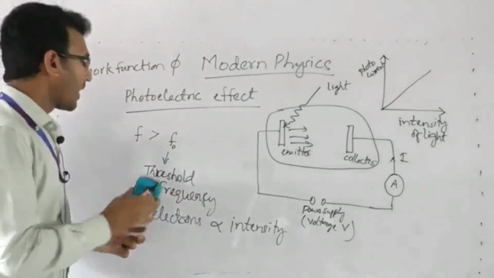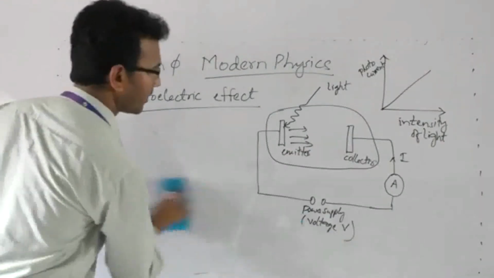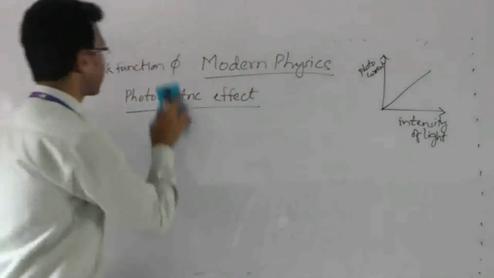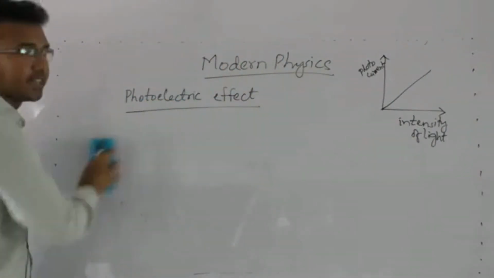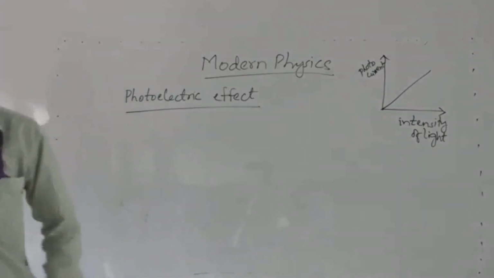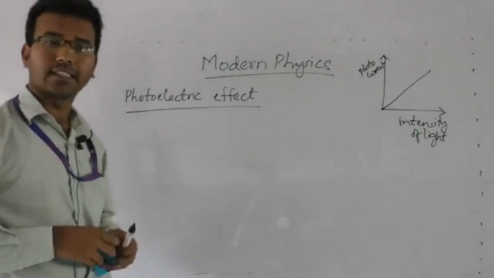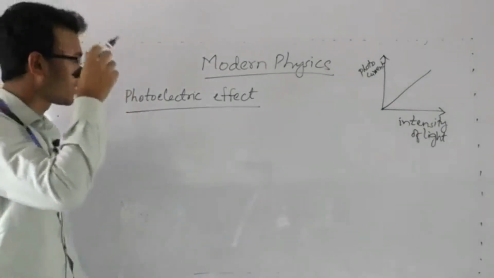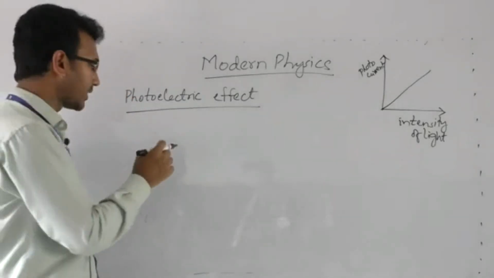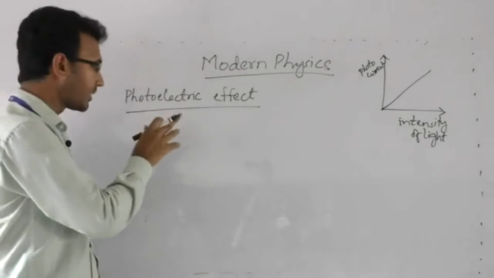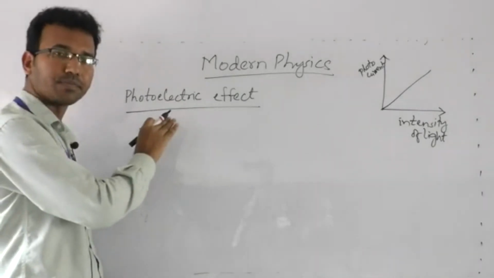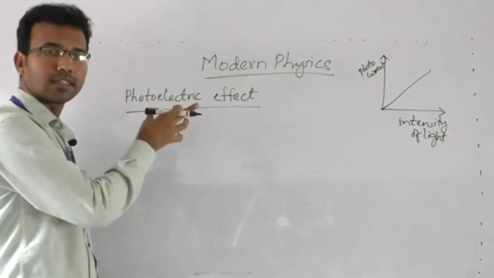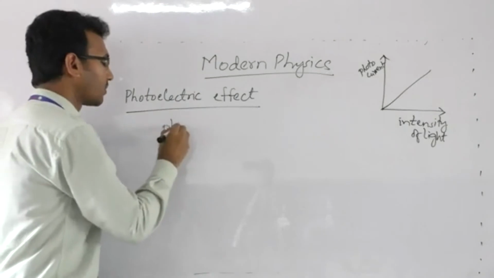So what Einstein did in order to explain all this, because people before that were struggling to understand this concept more clearly. Once Einstein arrived in this picture, he suggested a new theory. He assumed that light, which is an electromagnetic radiation, is quantized in small particles, which are called photons.